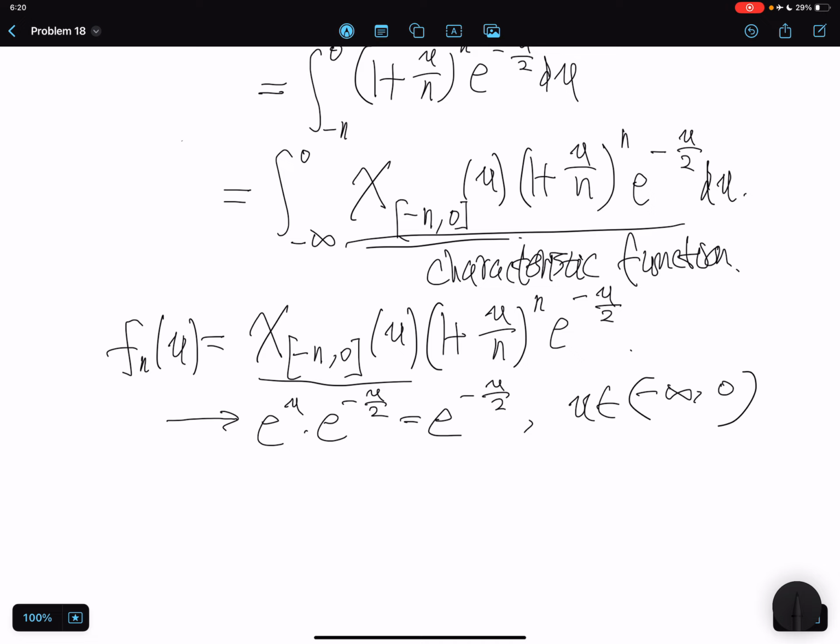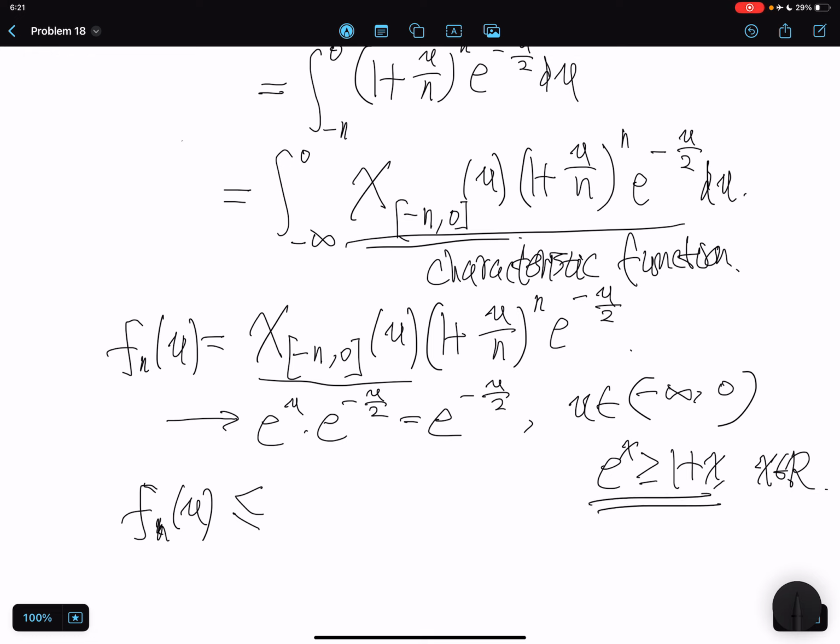And then we also use an inequality to estimate this. This is bounded by what? We know e^x is always greater than or equal to 1 plus x for all x in R, right?